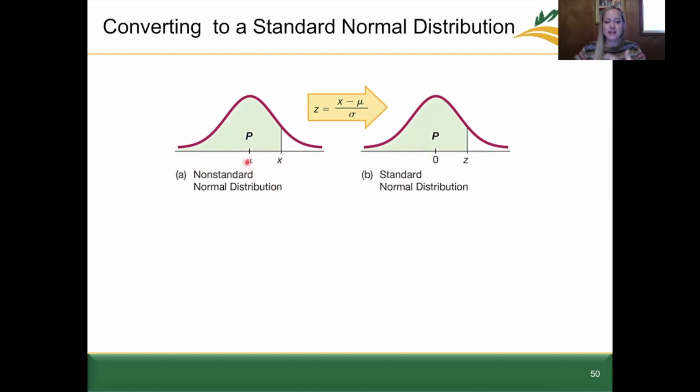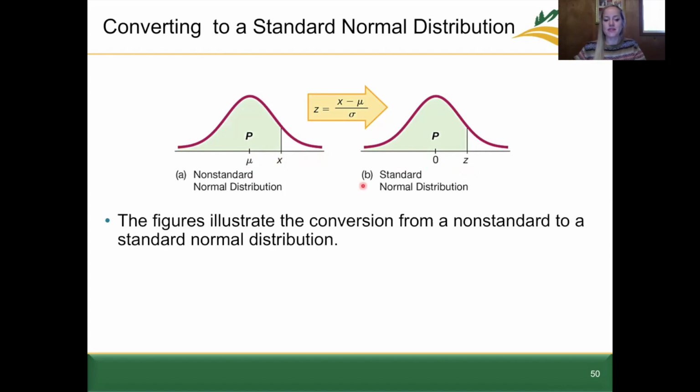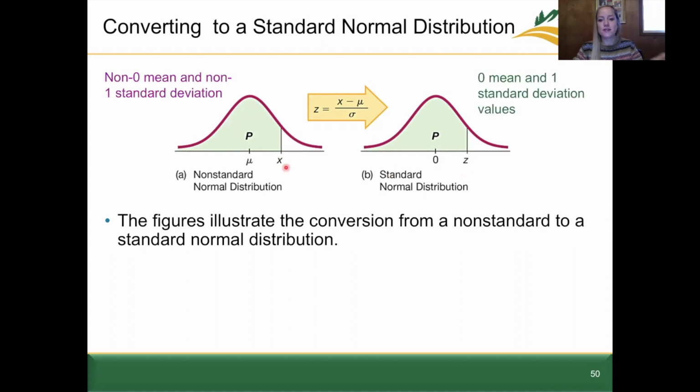However, when the mean is not 0 and the standard deviation is not 1, then we're not yet working with a z-score. We're working with an x value. In order to think along the lines of a z-score, we have to have a standard normal distribution where the mean is 0 and the standard deviation value is 1. Okay, now as just mentioned, these figures illustrate the conversion from a non-standard normal distribution into a standard normal distribution.